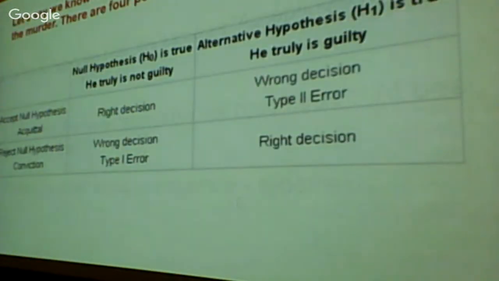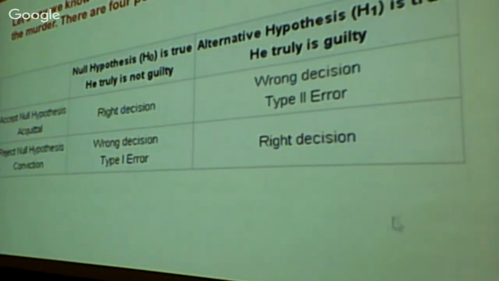So here are the possible outcomes of our courtroom trial. Here we have accepting the null hypothesis. These are two scenarios in which we accept the null hypothesis. In other words, we say the person is not guilty. And here we reject the null hypothesis. In other words, we say they are probably guilty. We have a verdict of guilt. And in these two scenarios, he actually is innocent, or he actually is guilty.